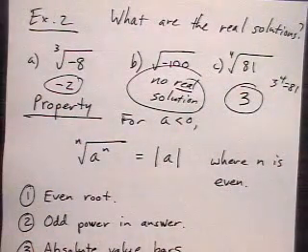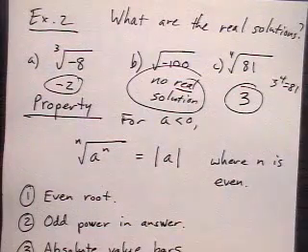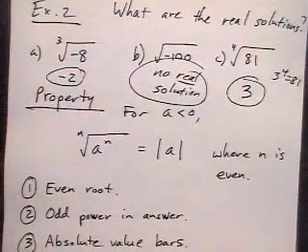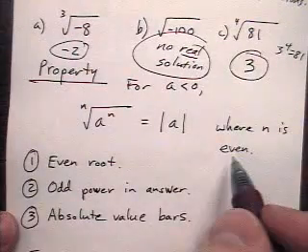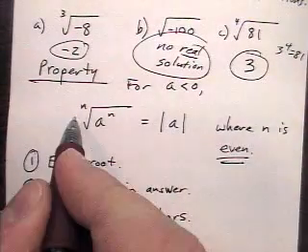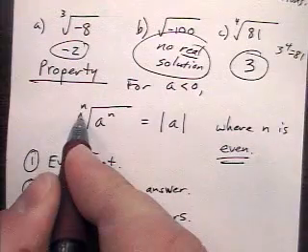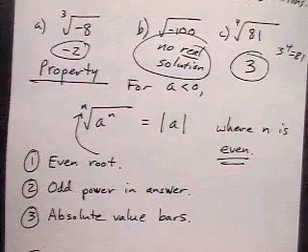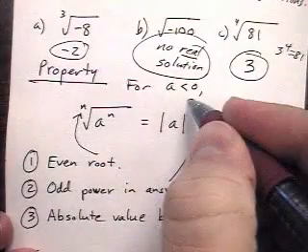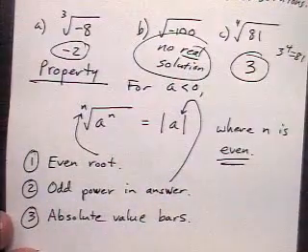where n is even. Now, if I were to summarize this, there's three things I would say to you. First of all, please notice that you're dealing with an even root. An even root. And when you get done, you get an odd power in your answer.